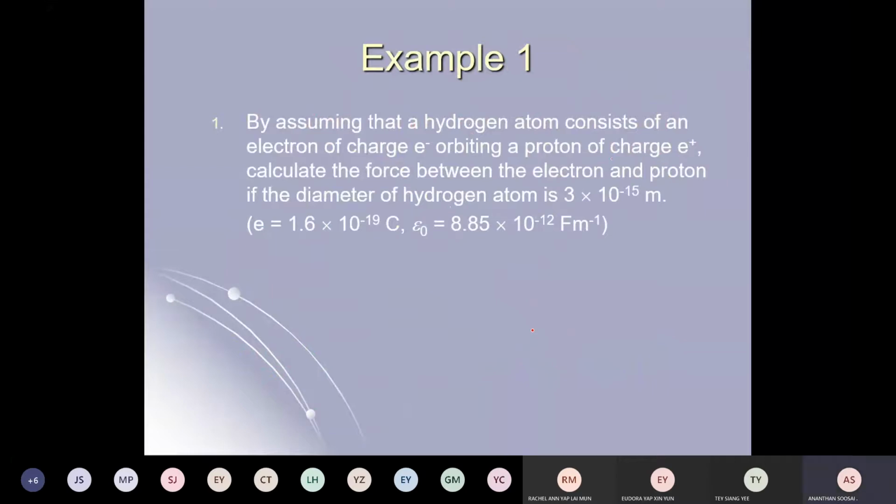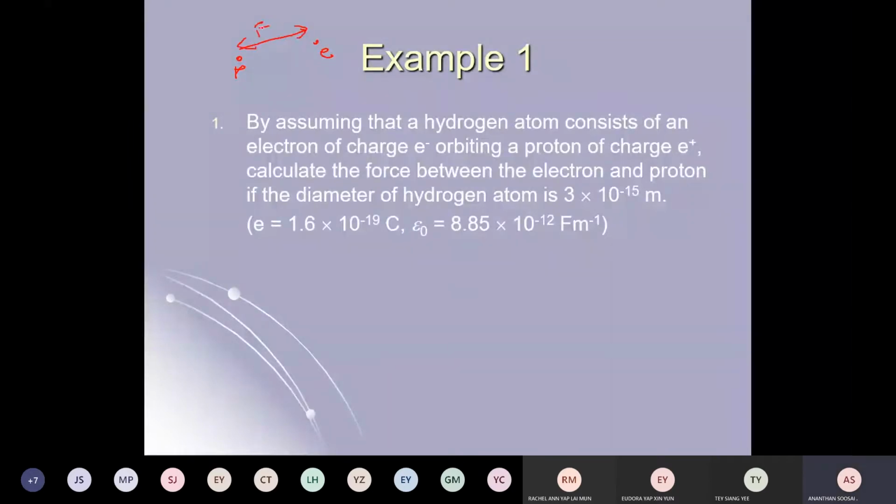So you have a proton in the nucleus and you have an electron going around. What is the force between them?